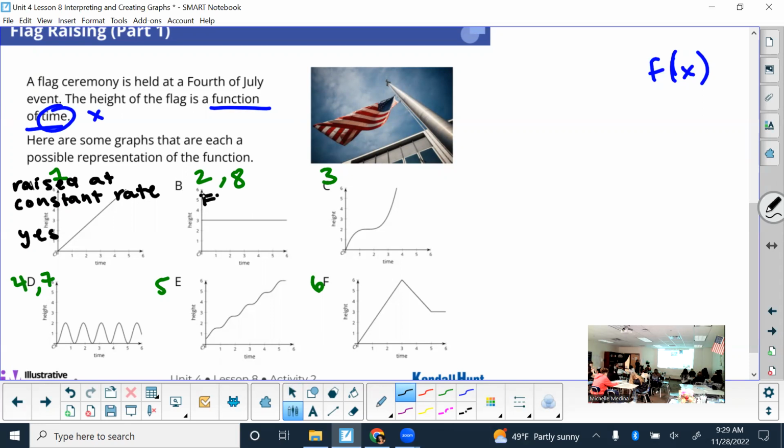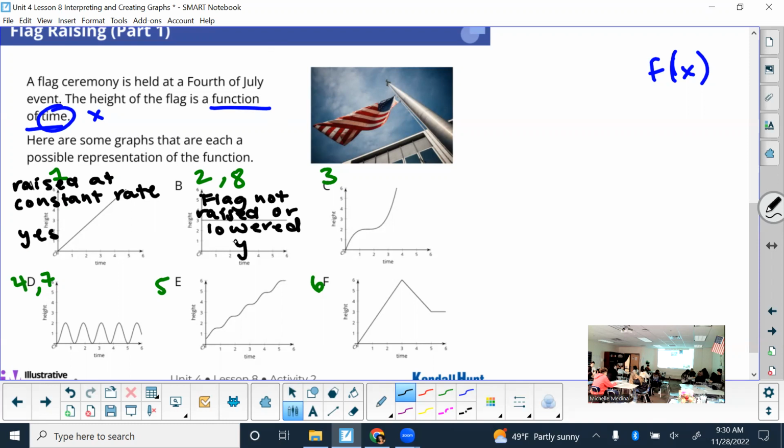So the flag not raised or lowered. Yep, it stays at a constant height. We don't know what the 3 is, if it's meters, feet, whatever. Probably not feet, but it's not raised or lowered throughout the entire time. Is that reasonable? Yes.